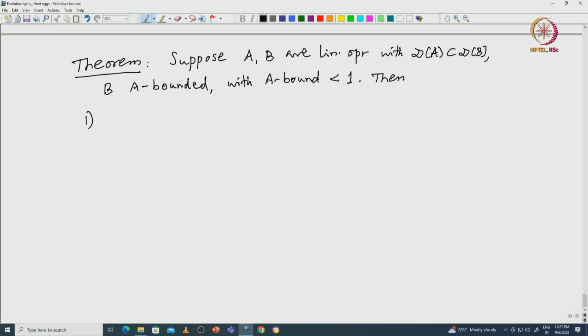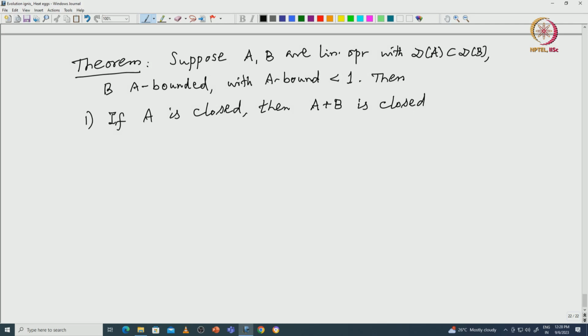The first one: if A is closed, then A plus B is also closed. So, just see here we are not putting any assumption on B. We are not assuming that B is closed. Okay.